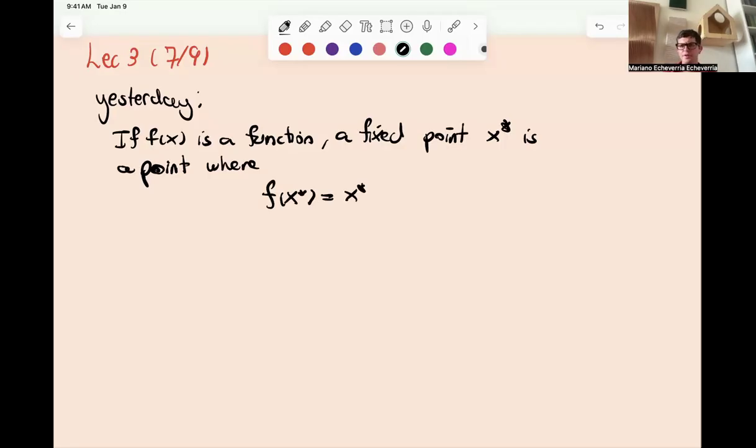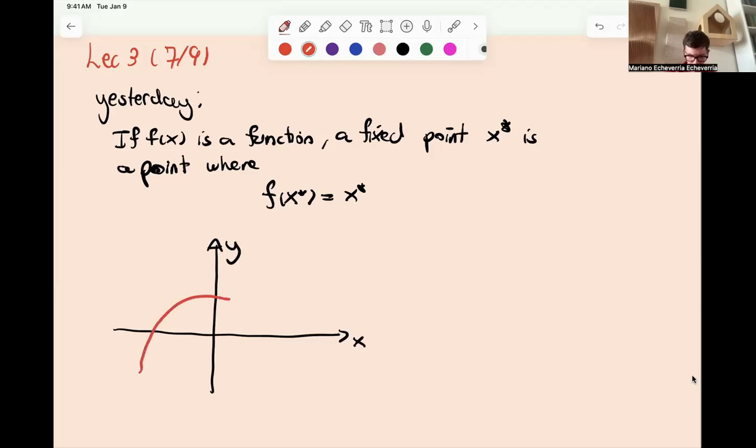And we did a picture yesterday. If you look at the graph of the function, let's say the graph is y equals f of x. What a fixed point means in this context is, if you draw the line y equals x, maybe they will meet here.